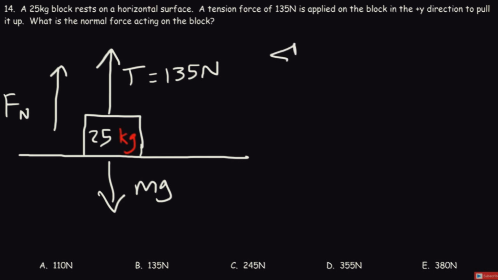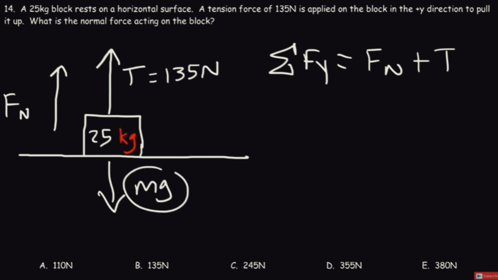So the net force in the y direction is the sum of these three factors. We have an upward normal force, so that is going to be positive, an upward tension as well, and the weight force in the negative y direction, so it is negative mg.